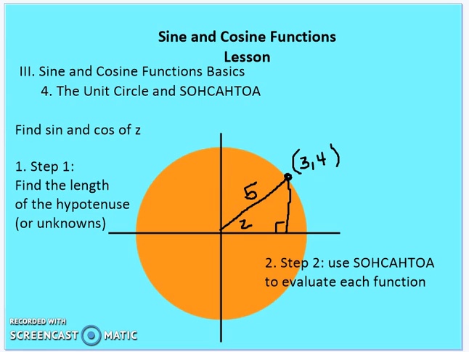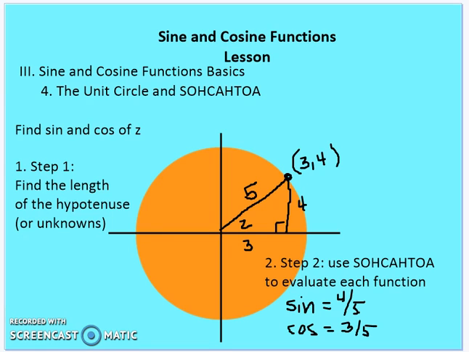Of course, you need the value for the hypotenuse in order to figure out both sine and cosine. You can easily use your special family of Pythagorean triples to figure out that 3, 4, 5 is one of the Pythagorean triples, or you can use the Pythagorean theorem to find out that 3 squared plus 4 squared is equal to the hypotenuse squared, which is 5.